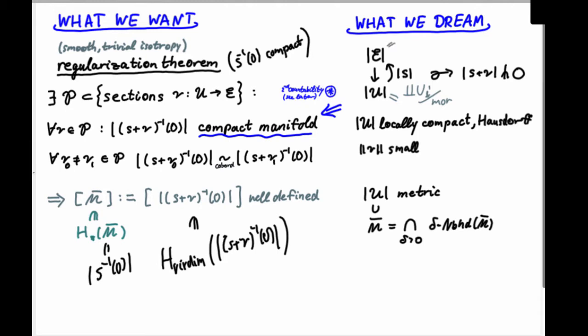And I can do the same thing with these bundles here. And then the section does induce a map from the base to the fiber space, because it's supposed to be a functor, so it's compatible with morphisms.